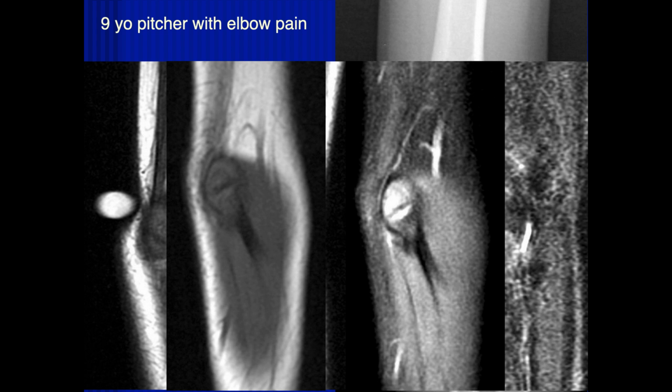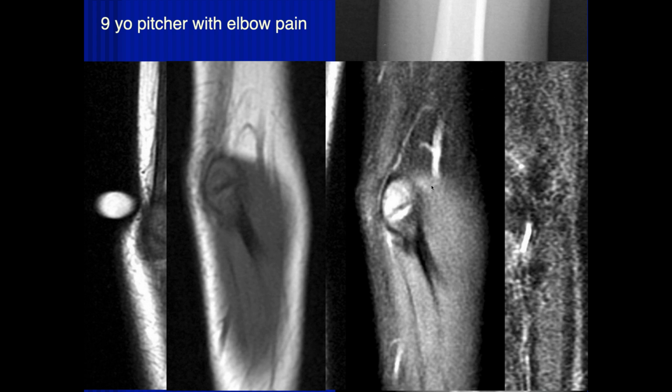That's what these pitchers look like. Their arm is markedly enlarged. But all this takes time, and it's a slow progression. And eventually what you get is atrophy, obviously, because they cannot throw anymore.